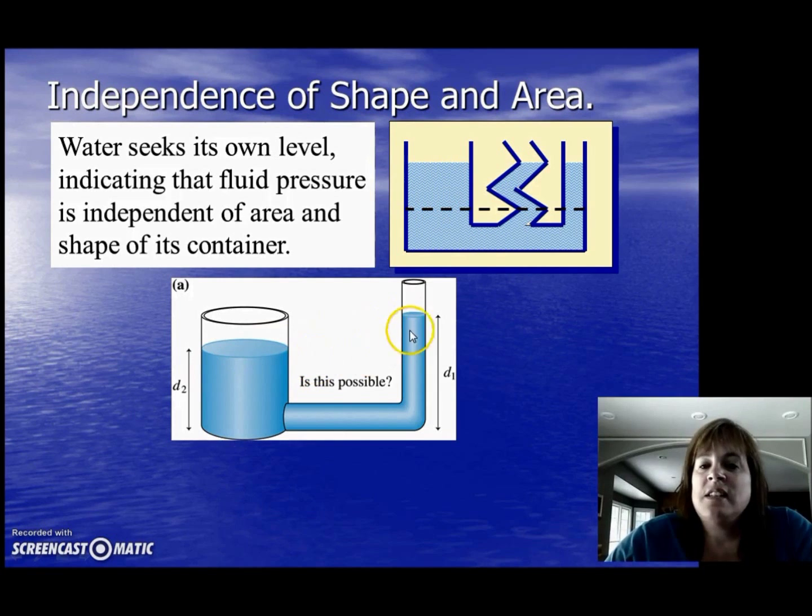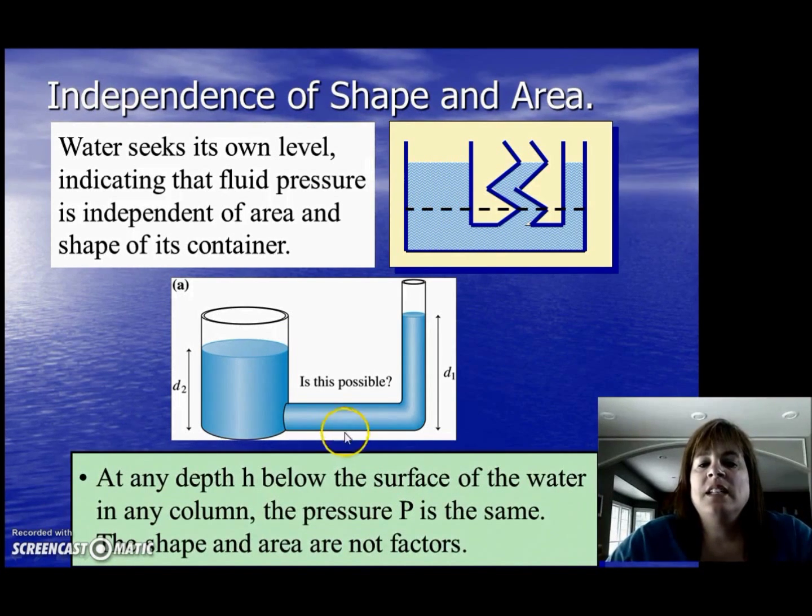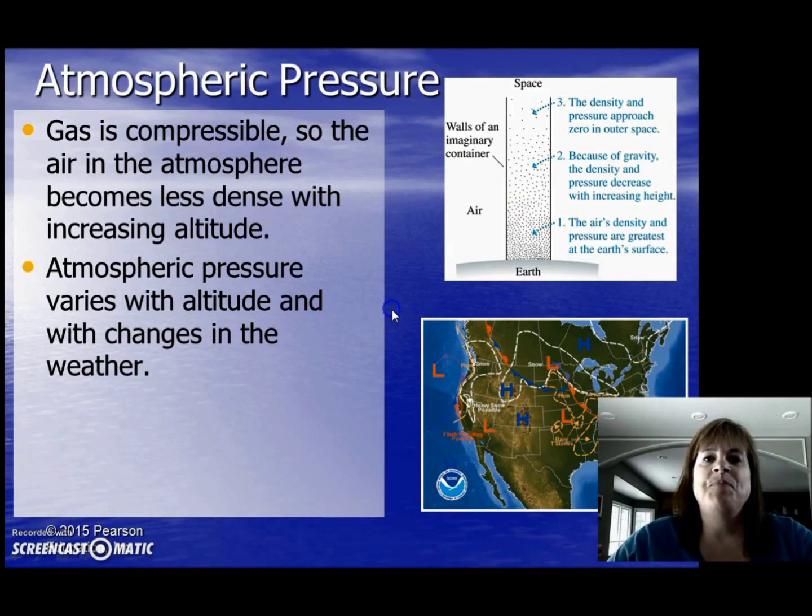So this is not possible. These are different heights, which means their pressures would have to be different, and they're not. So at any depth, D or height, H, below the surface of water, the pressure is the same. It doesn't matter the shape or the area, as long as the fluid has a consistent density, which is why it has to be incompressible, the pressure is going to be the same.